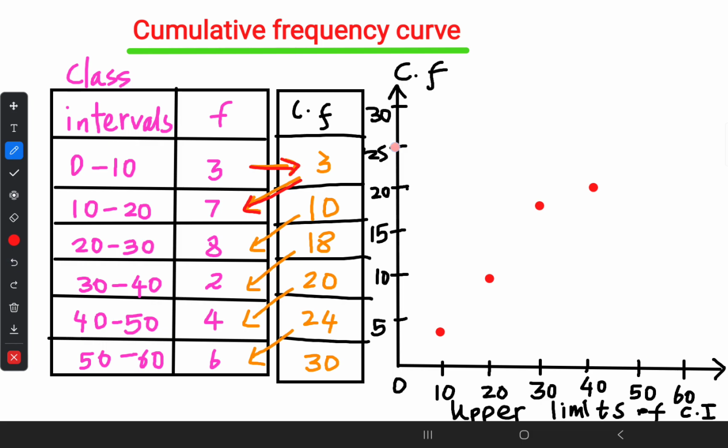That is a little less than 25, so somewhere here. And thereafter, we have 60 and 30. 60 and 30, that is the last point. By using these points, we are going to produce our cumulative frequency curve.